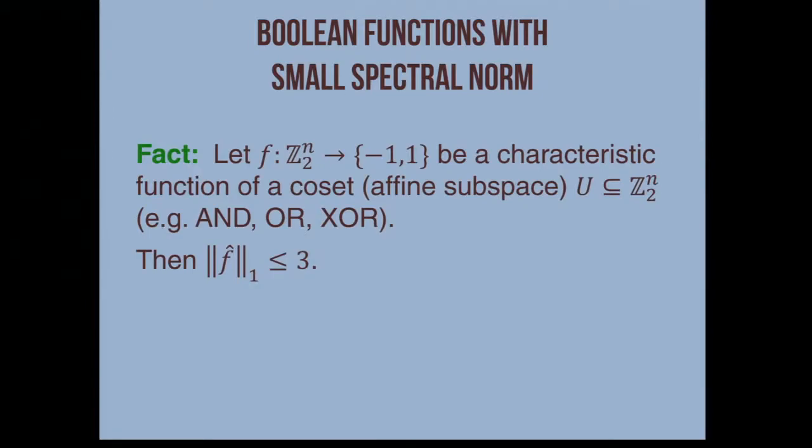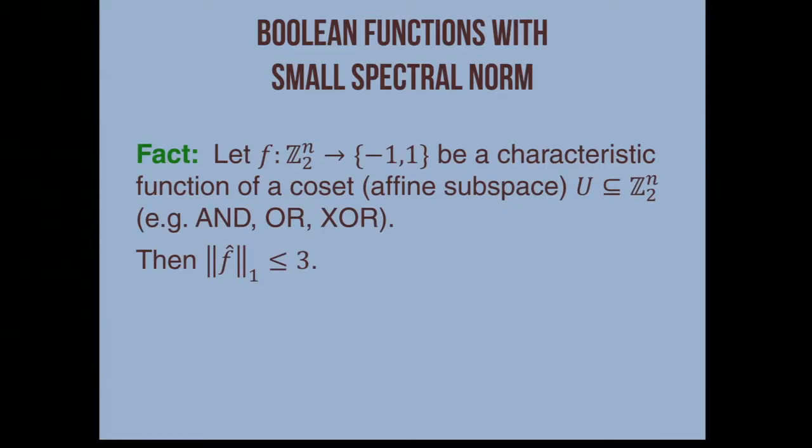It's always bounded by 3. Examples of these functions include the AND function. That's not usually how you would think about the AND function, but it's just an indicator function of one point, a coset of the zero subspace. Or the OR function. The XOR function obviously satisfies this property. So all have a bounded spectral norm.